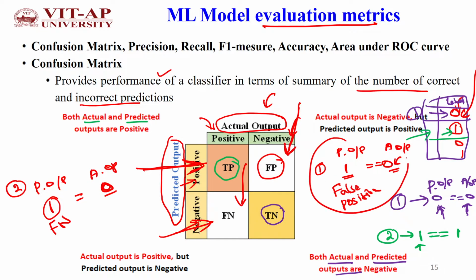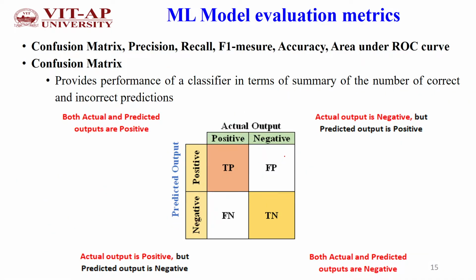I will explain one more time. You look at here, my table output is 0 for the first sample, and 1 for the second sample. My model is predicting the output as positive, but my actual output of the first sample is 0.